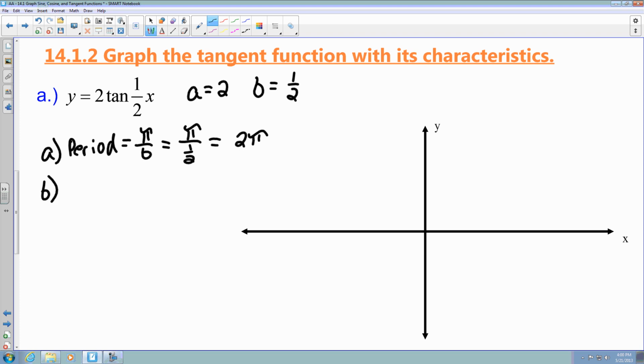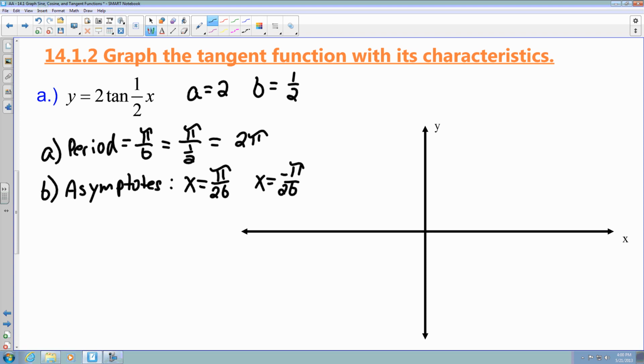For b, I'm looking for the asymptotes of my function, at least for the period of the function. And you're going to have two of them, and it's denoted as the general equation of x equals, because it's a vertical line, pi over 2b, and also x equals negative pi over 2b.